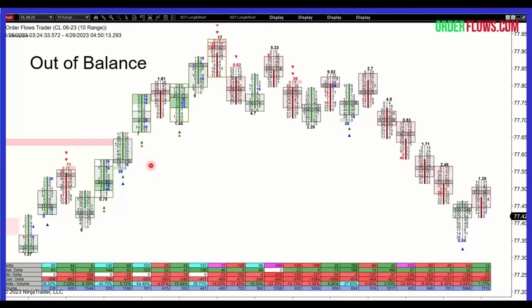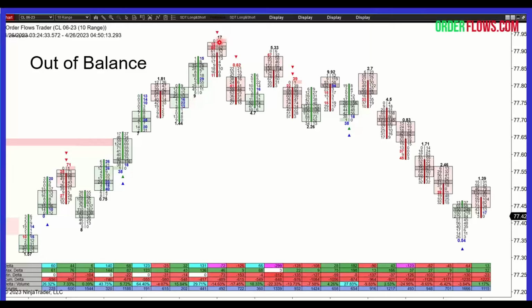Because what causes a market to move from balance to out of balance is imbalances, right? I know that's a lot of balance words, but it's hard to see sometimes when you're looking at a footprint chart. You can see 1, 2, 3 buying imbalances here, 1, 2 here, another 1, 2, then 3 up here.